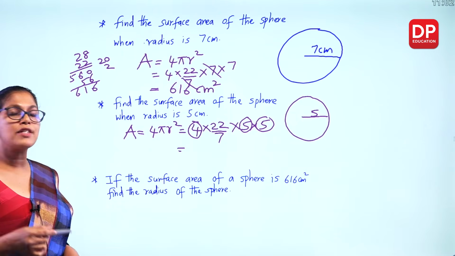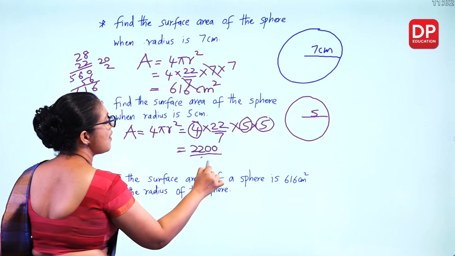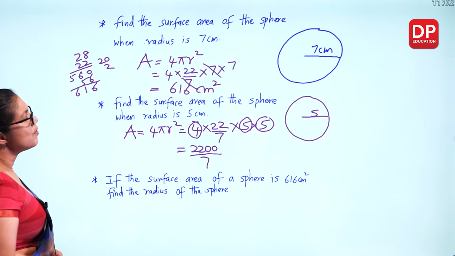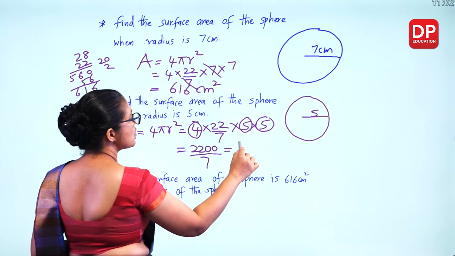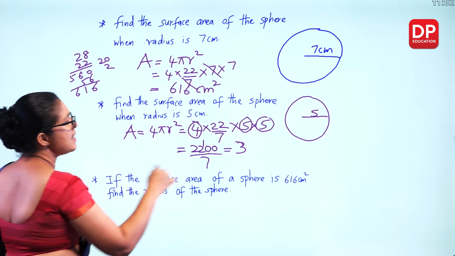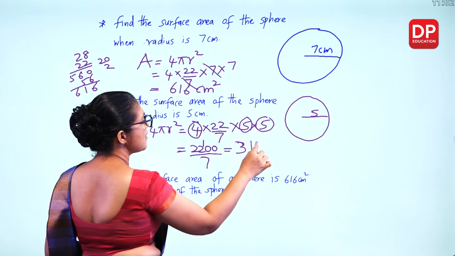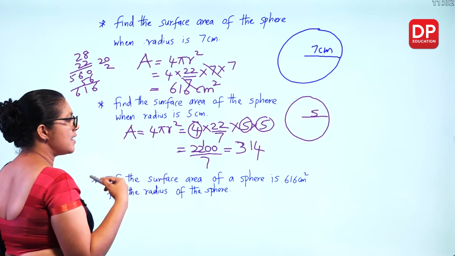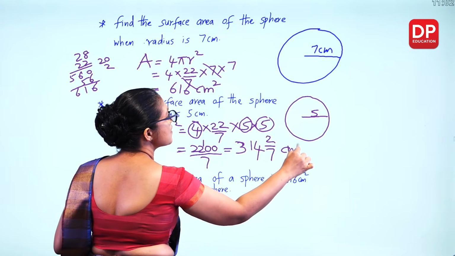So 22 times 100, you get 2200 divided by 7. Now you can divide. 7 times 3 is 21, 1 remaining. 7 times 1 is 7. For 30, how many 7s? 4. Then 2 remaining, so 2 7s. So what's the surface area?